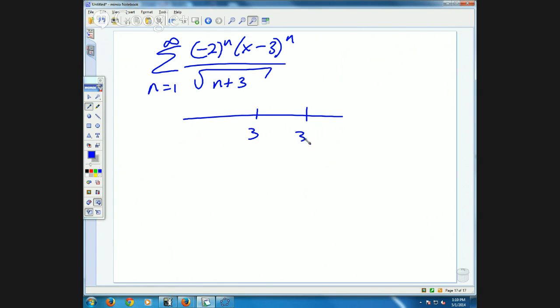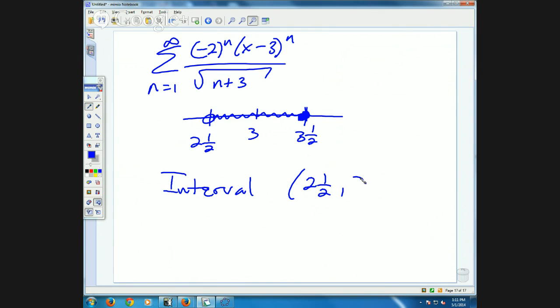At the endpoint 3.5, it converges. At the endpoint 2.5, it diverges. Open circle. If I used interval notation, then I would say the interval is parenthesis 2.5, comma 3.5 bracket.